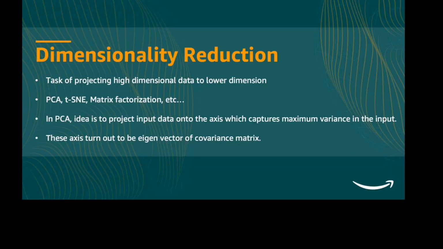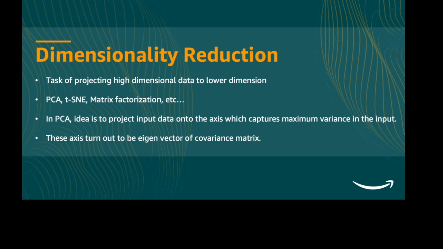Let's start with dimensionality reduction. As explained, dimensionality reduction is the task of projecting high dimensional data into a lower dimensional space. Why is it important? It is tough to visualize or analyze high dimensional data, whereas lower dimensional data is more favorable for visualization.